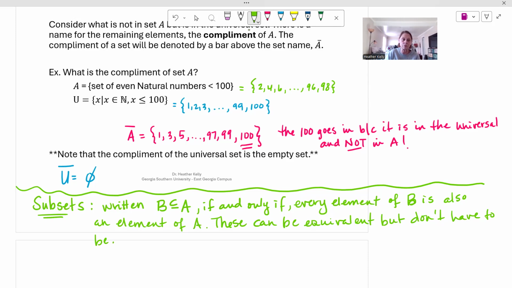Okay, so that's the difference here. A regular subset, just a plain old subset, can be equivalent.